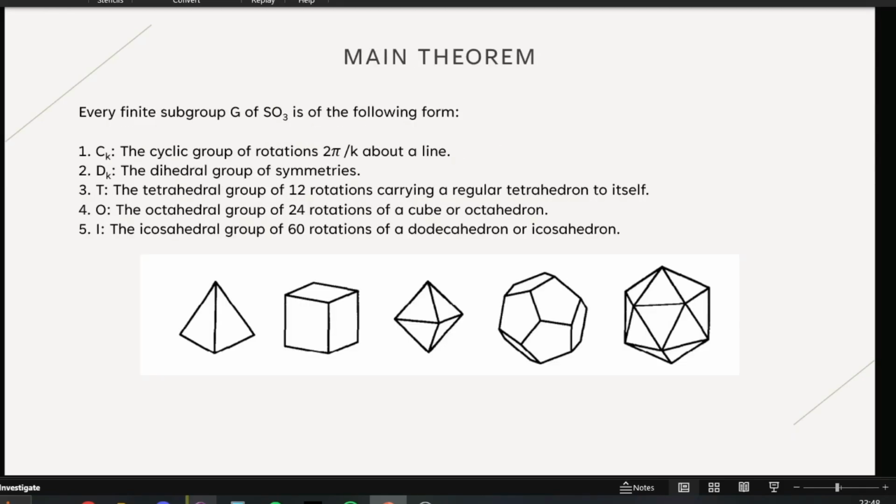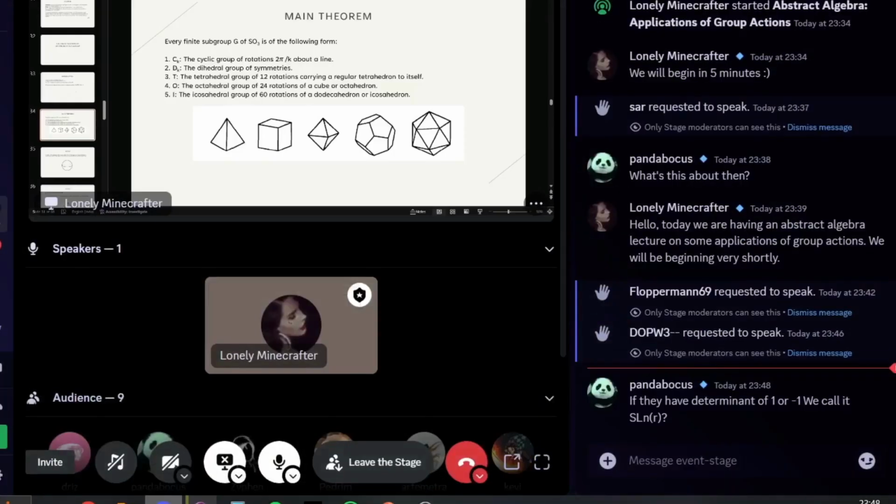So now there is a nice theorem where we say that every finite subgroup G of the special orthogonal group.